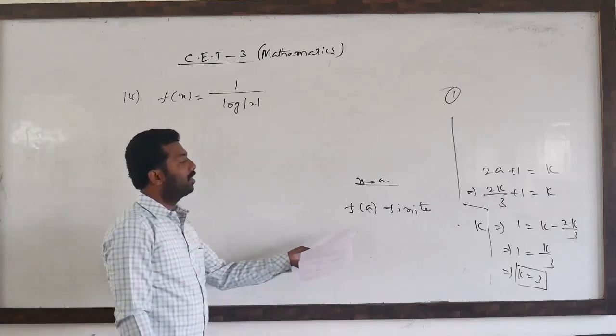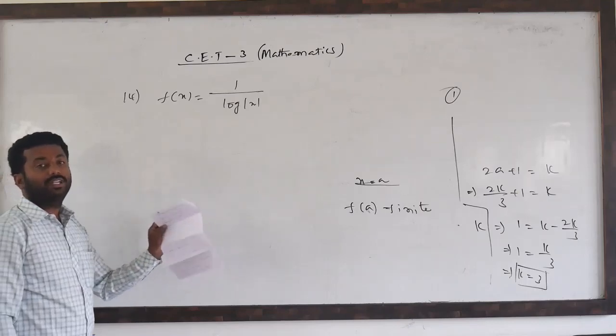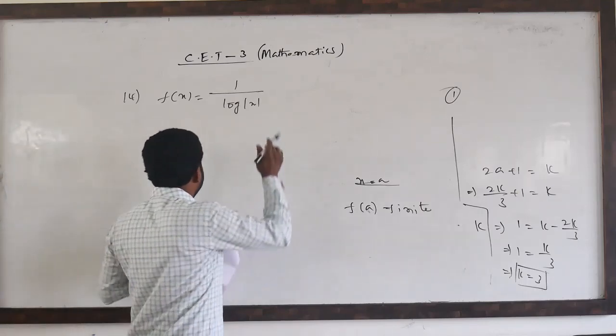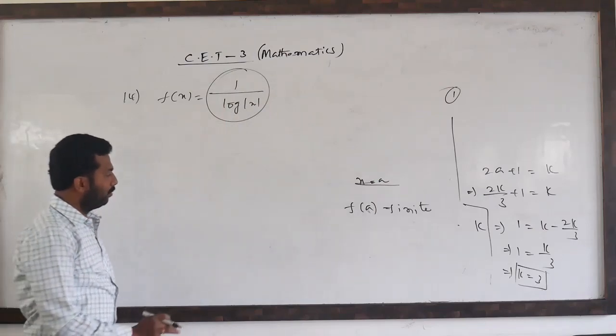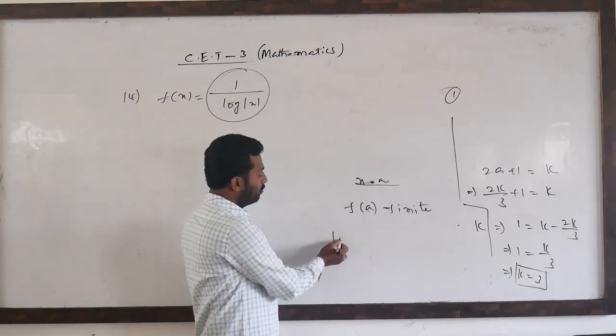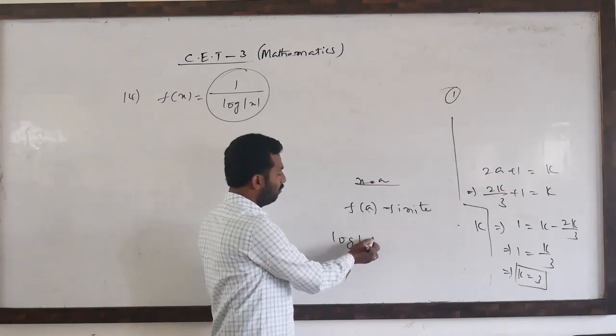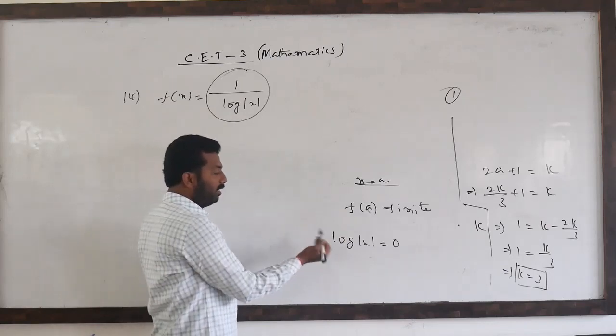All the three terms are equal. So limit x tends to a, f of x also exists finitely. So where is function infinite, that we have to identify. So denominator part equal to 0. So you observe log of mod x equal to 0. When this will be 0 or infinity.